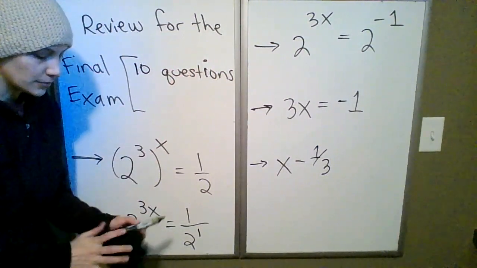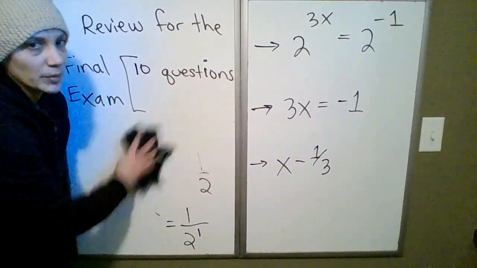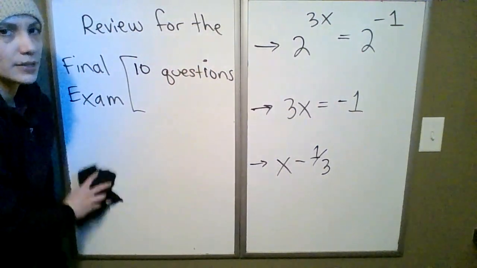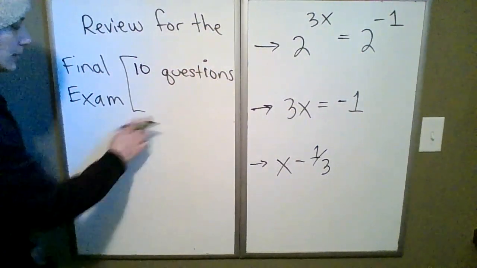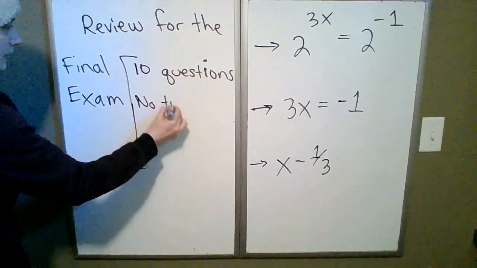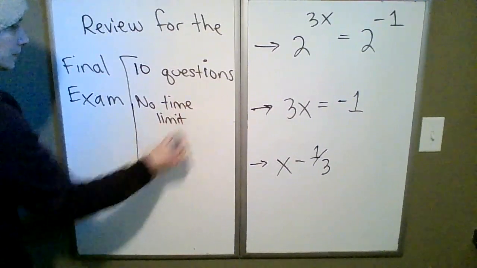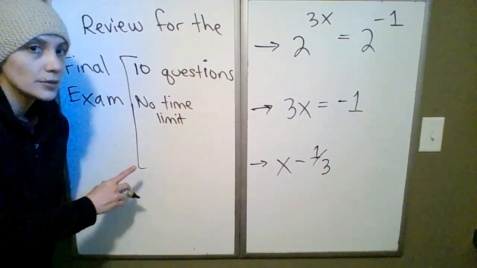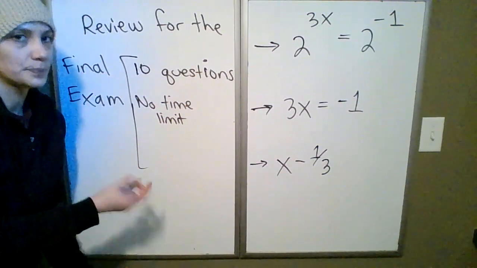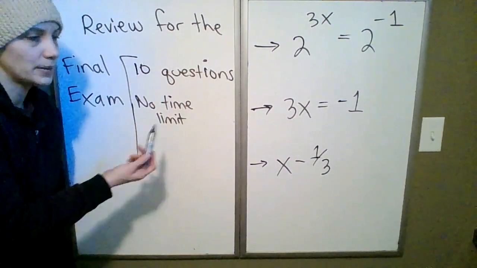It's just not available till Friday. When you start to work on the test, there's no time limit. There's unlimited attempts, and I'll give you the highest score. And you don't have to show your work, but it helps if you make a mistake and I can see where the mistake happened. I can grade it a bit better.